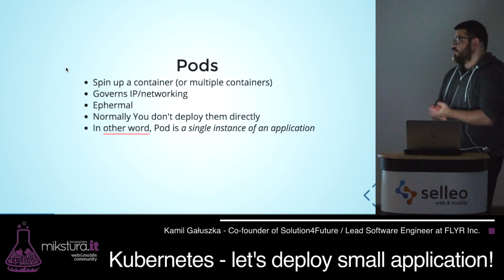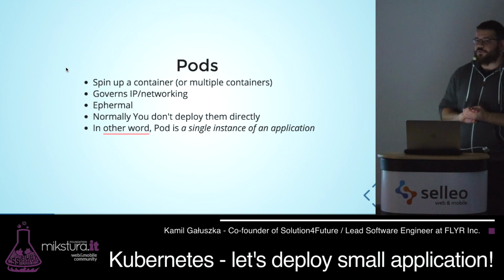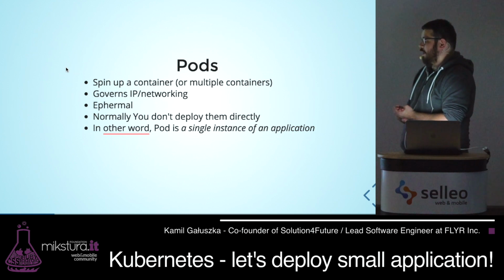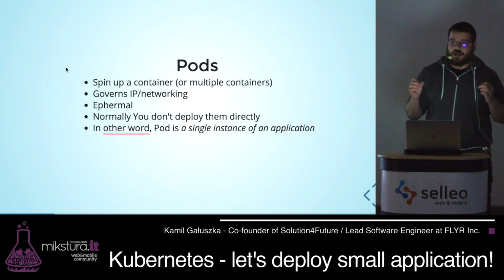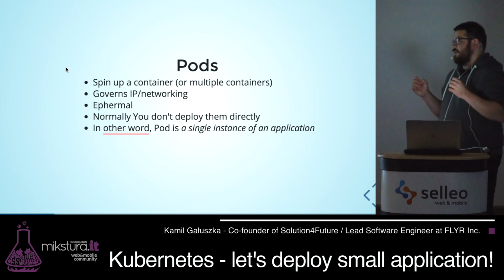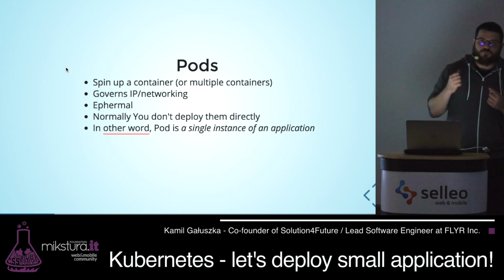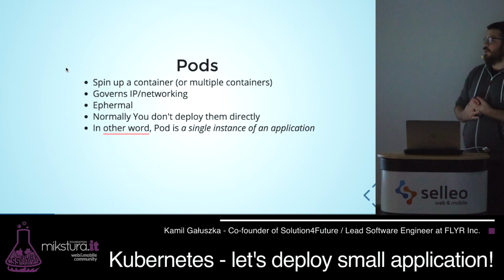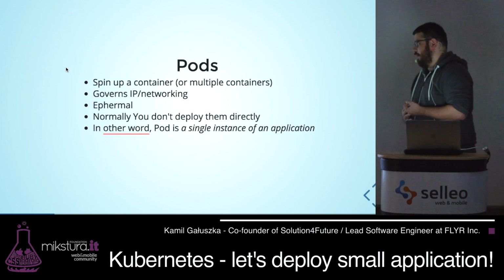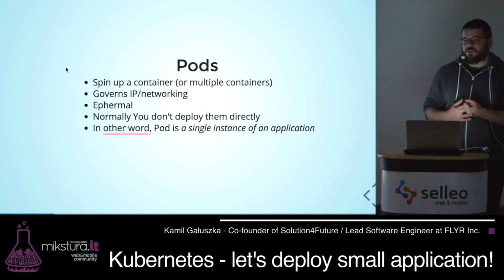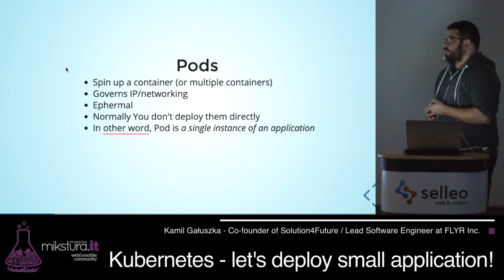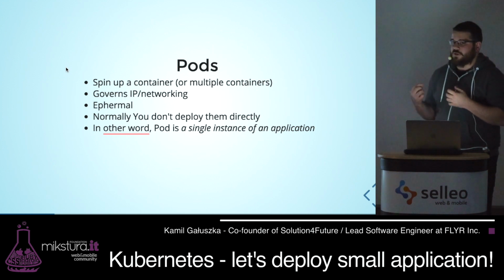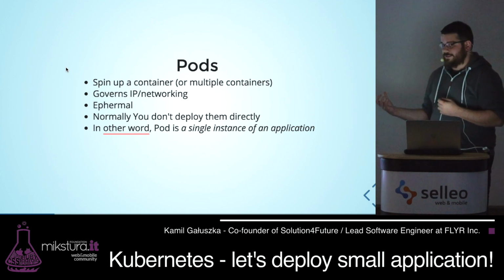Pods. Kubernetes operates on different kinds of objects, and the most primitive object in Kubernetes is the pod. A pod is ephemeral. By saying that, I mean a pod can fail, can be evicted, whatever. There are a lot of lifecycle states that can happen to pods, but you mostly will not run a pod by yourself. You will use other kinds of objects that actually manage the pods.